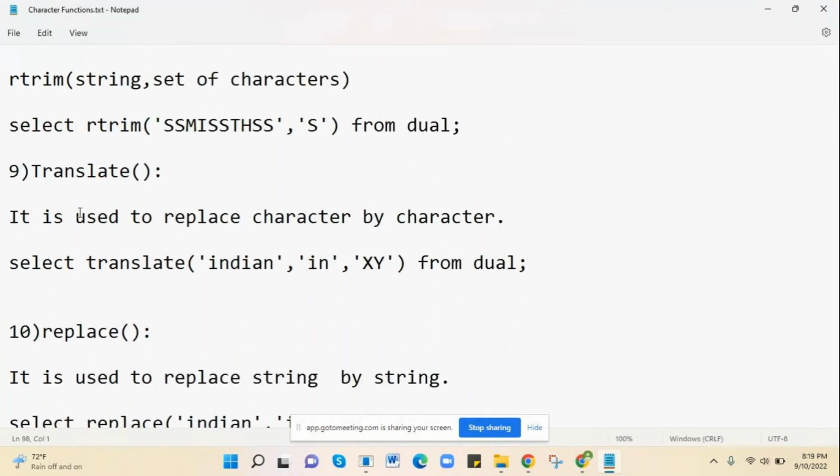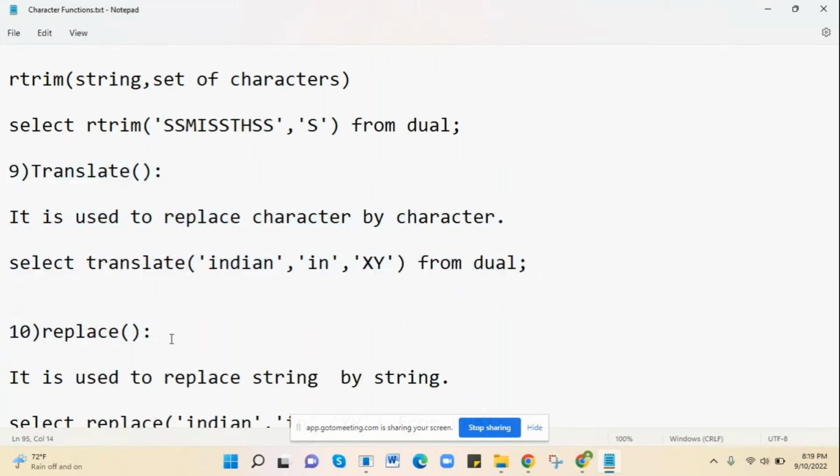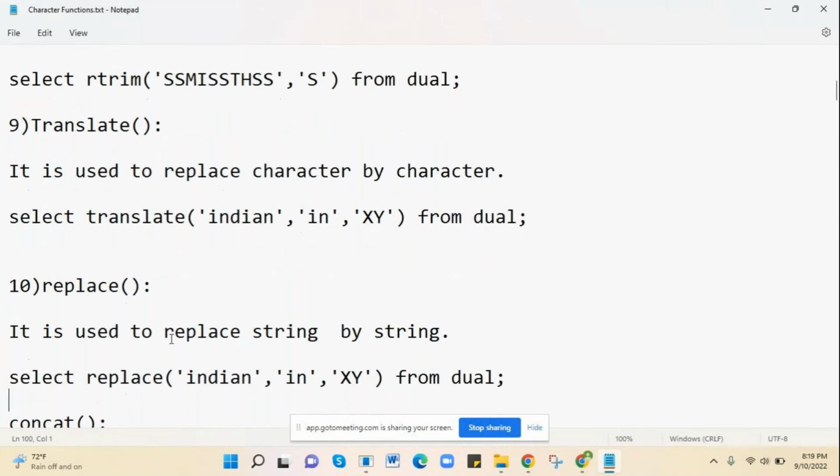This is very important. Translate and replace look the same, but there is confusion in the interview. Translate replaces character by character, one to one. Here it is a string. I want to convert from i and I want to translate to x. Instead of n, I want to translate to y.